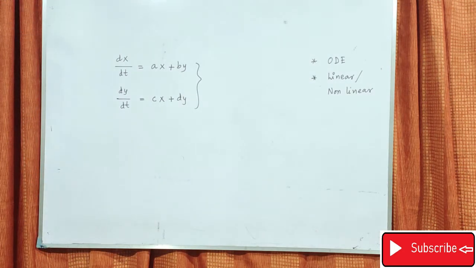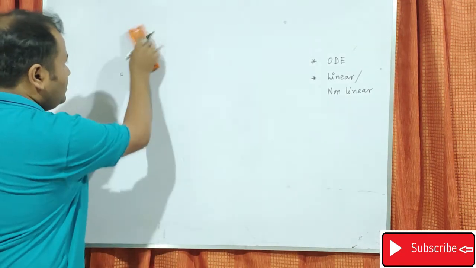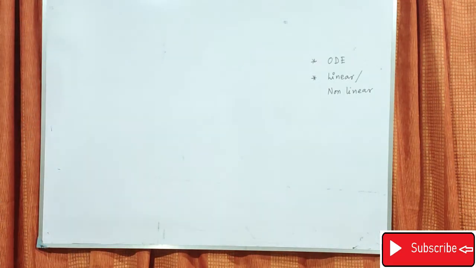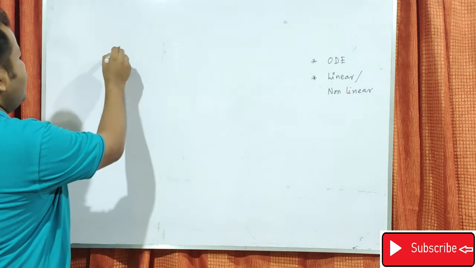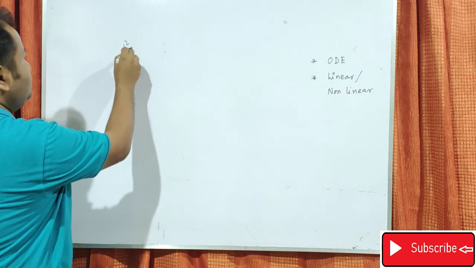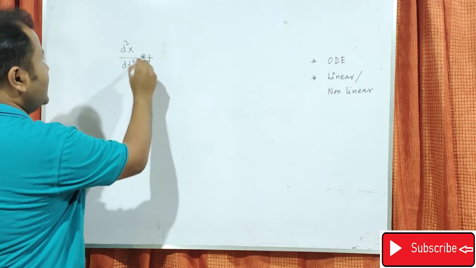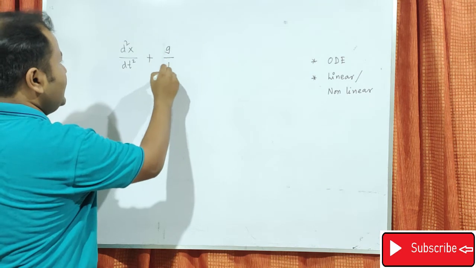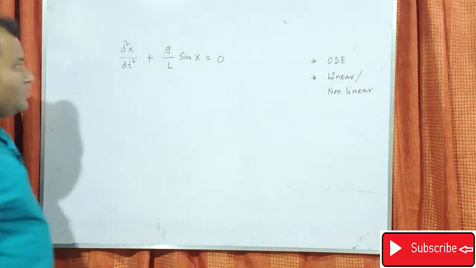Now if I take another one, let me write a second order equation: d2x/dt2 plus g/l sin x equals 0.